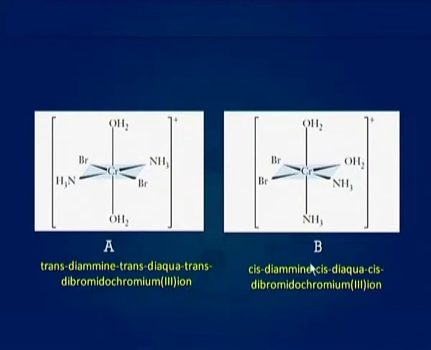And in the second form, the members of all the three pairs of like ligands are cis to each other. Hence, this form is named as cis-diammine, cis-diaqua, cis-dibromido chromium(III) ion.